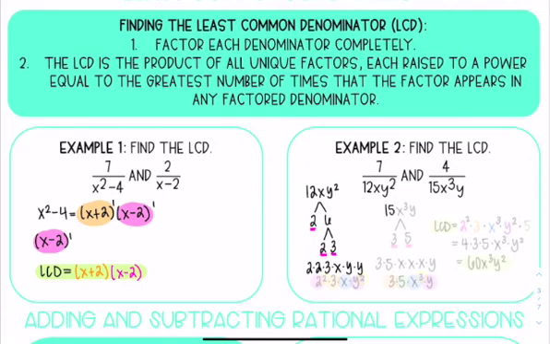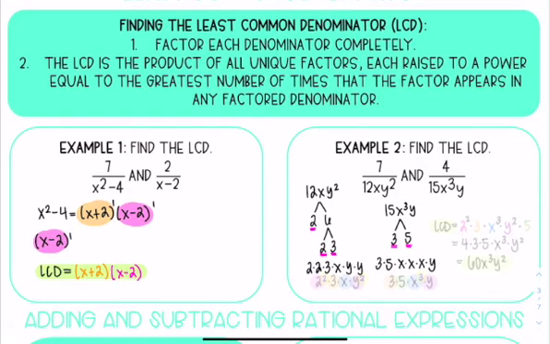I want to do something similar with 15x cubed y. So breaking down 15, that's 3 and 5, and both of those are prime, so I can't break them down any further. So we have 3 times 5 times x times x times x times y. So now we need to take all of the unique factors.